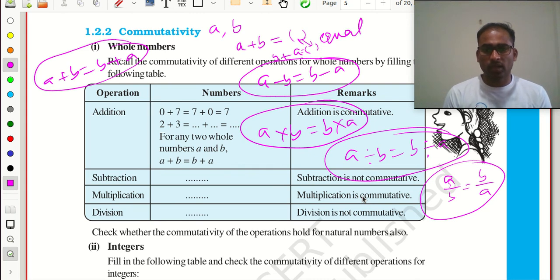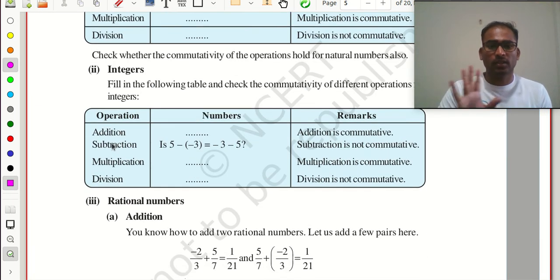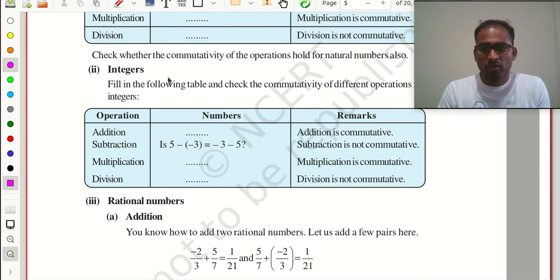So first, have you understood what is a commutative property? Yes, sir. What is a commutative property? If we are having any two numbers, suppose I go for the integers, a and b are two integers.